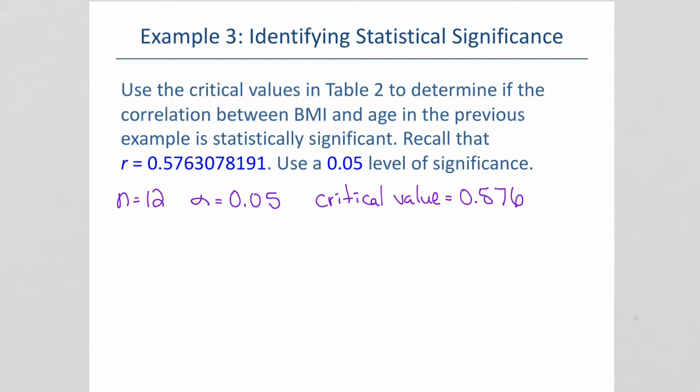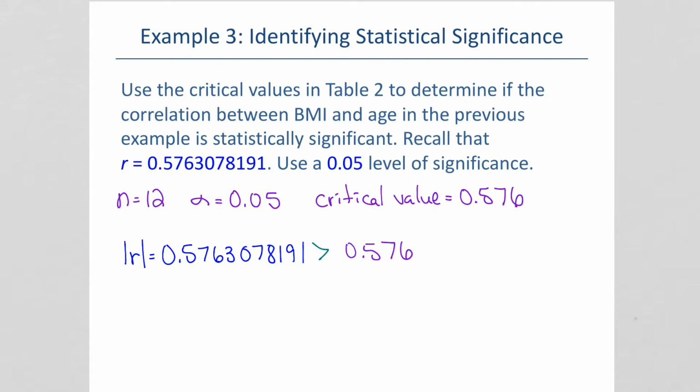The absolute value of R is just 0.5763078191. And we want to see, is that greater or less than 0.576, our critical value? 0.576, but then we have more, right?